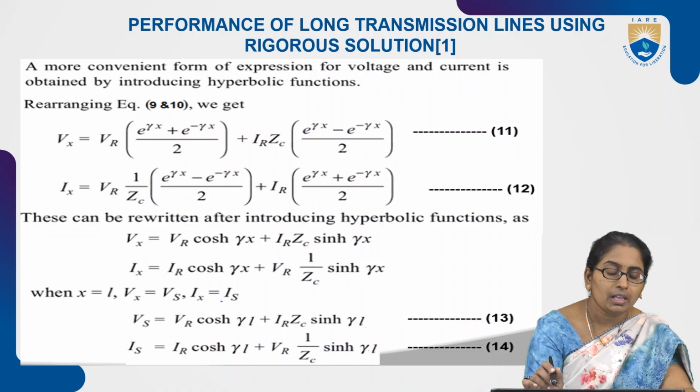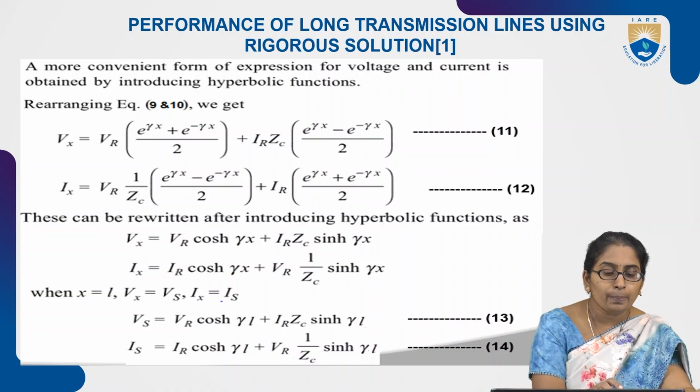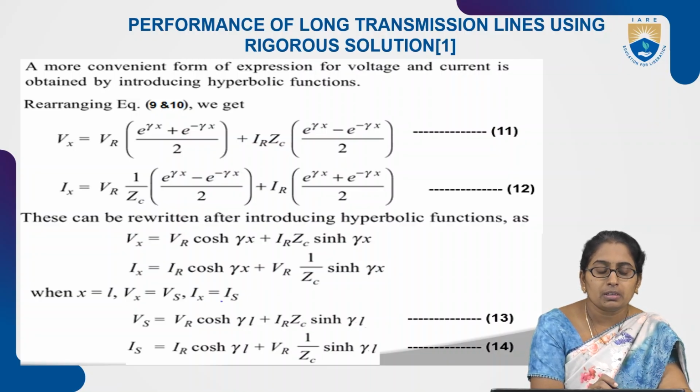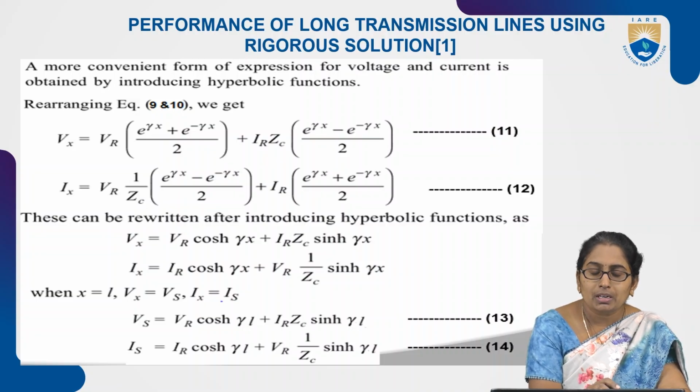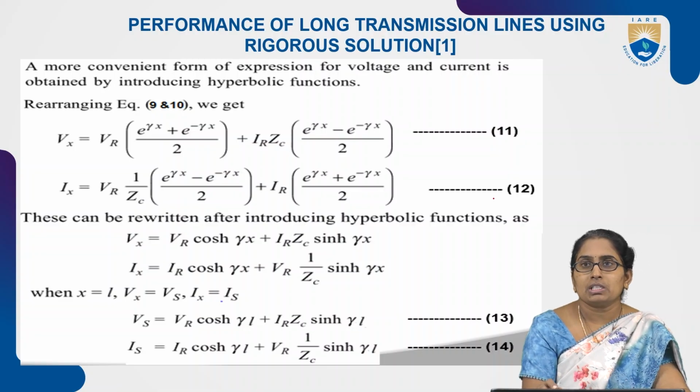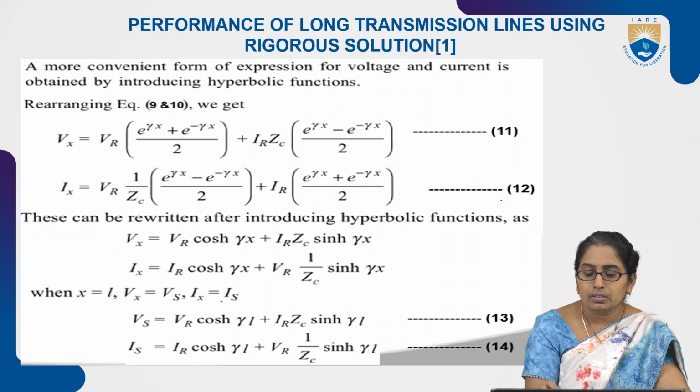Then similarly Ix is written as VR into 1 by ZC into e power gamma x minus e power minus gamma x by 2, plus IR into e power gamma x plus e power minus gamma x by 2. Say that this is equation number 12.